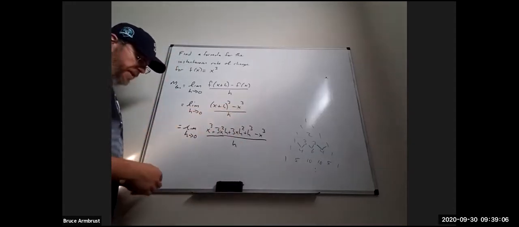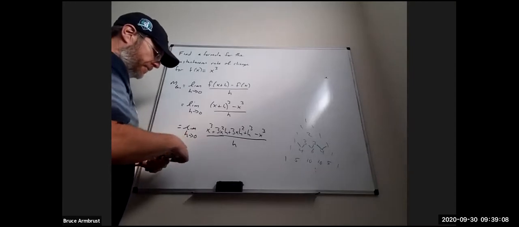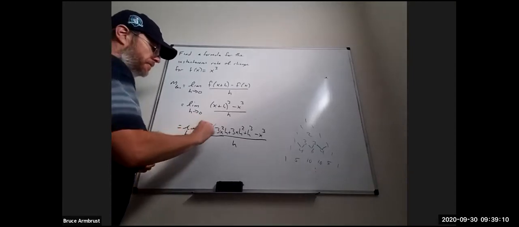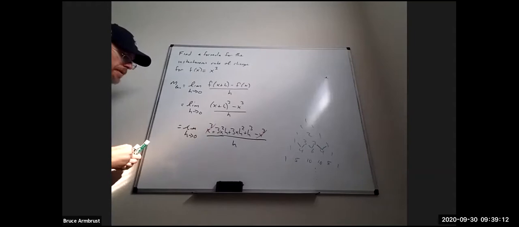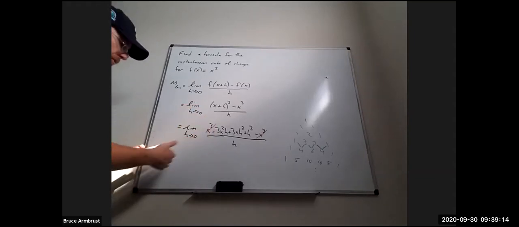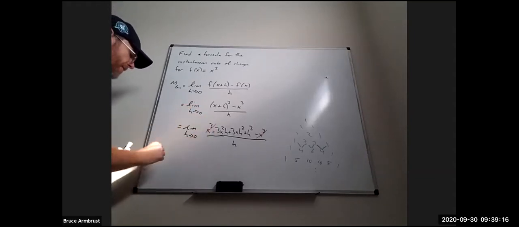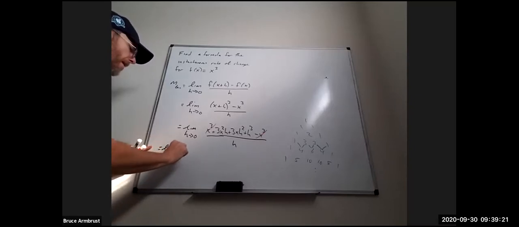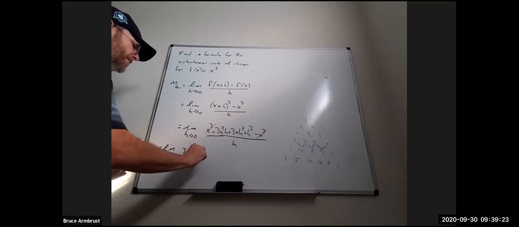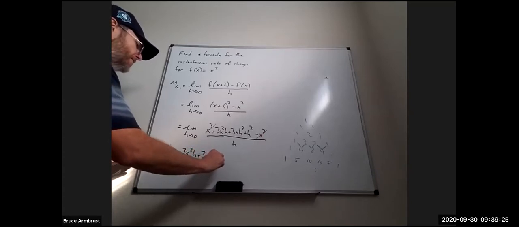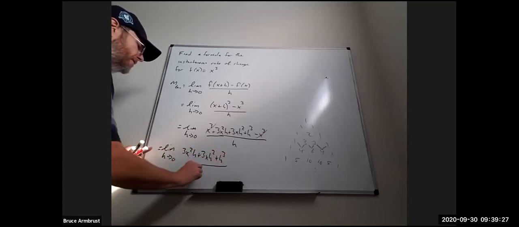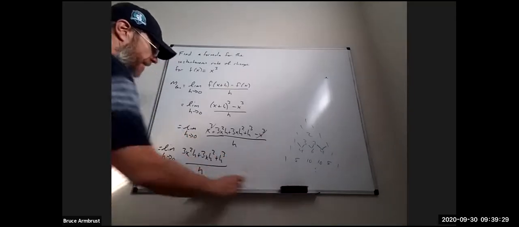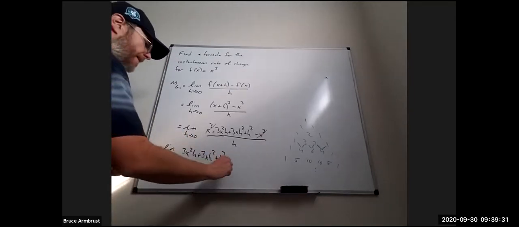So let's simplify this. We've got x cubed minus x cubed. I'm going to go ahead and slash those. So now we've got the limit as h goes to 0 of 3x squared h plus 3xh squared plus h cubed over h. Just like with that other one, I can divide by h.